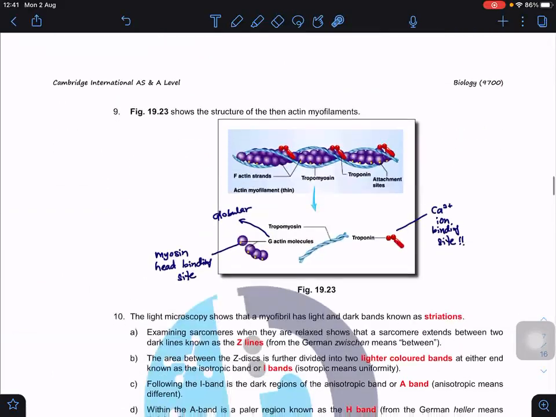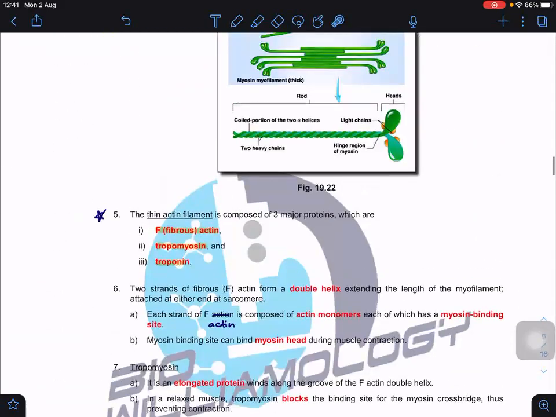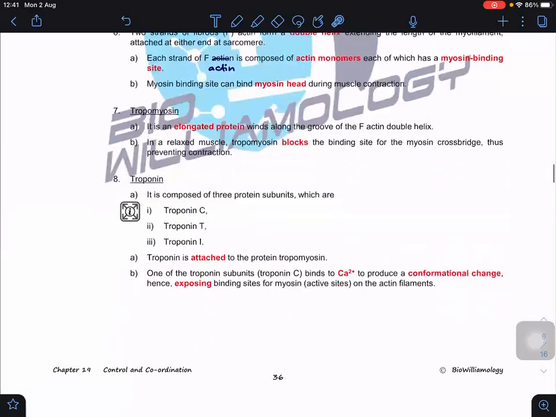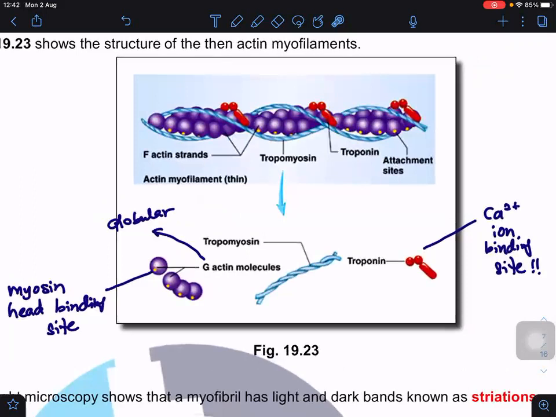Okay. So we have thin filaments, and we have thick filaments. Thick filaments have a rod structure and a head structure, and the head has ATPase activity, so ATP can bind to the myosin heads. The thin actin filaments consist of three kinds of protein.